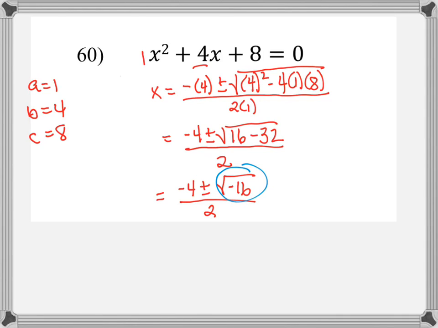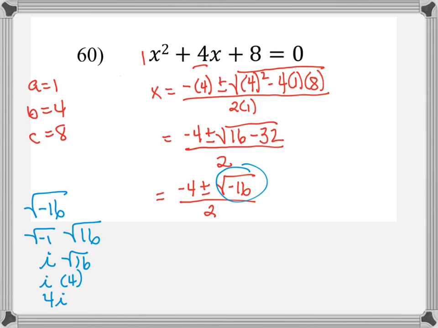Now we need to simplify the square root of negative 16. I can take out my square root of negative 1, which is equal to i. So i radical 16. What is the square root of 16? 4. So this is 4i. So now, substituting that in, we have negative 4 plus or minus 4i all over 2. And let's simplify this to put it in proper complex number form.